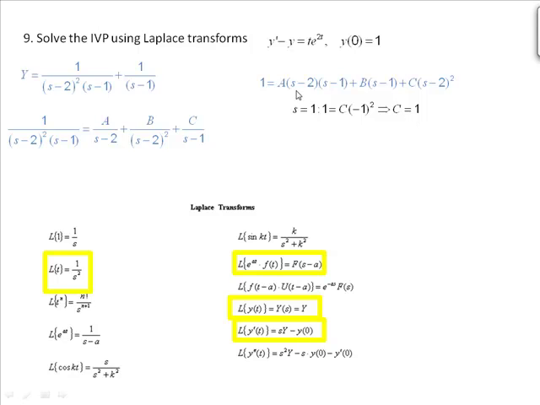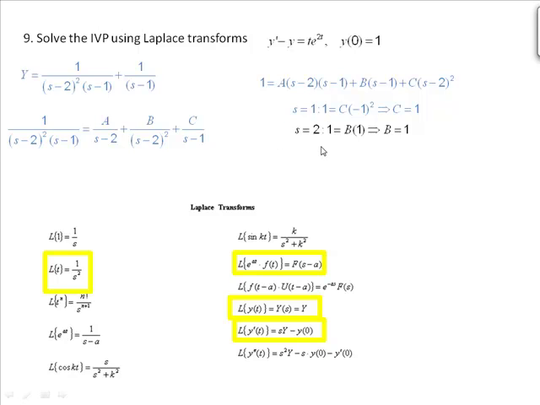So next I'm going to cancel out this s minus 2 factor by letting s equal 2. So the a term will drop out, the c term will drop out, and on the second term, when s is 2, 2 take away 1 is 1, so it gives me b is equal to 1.